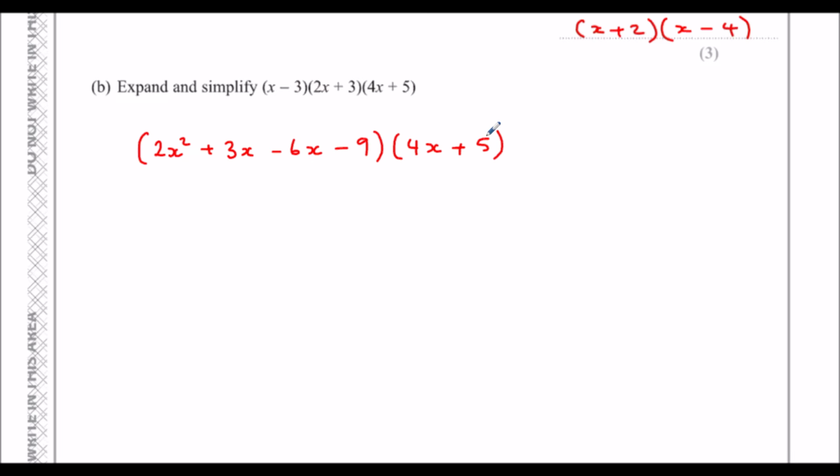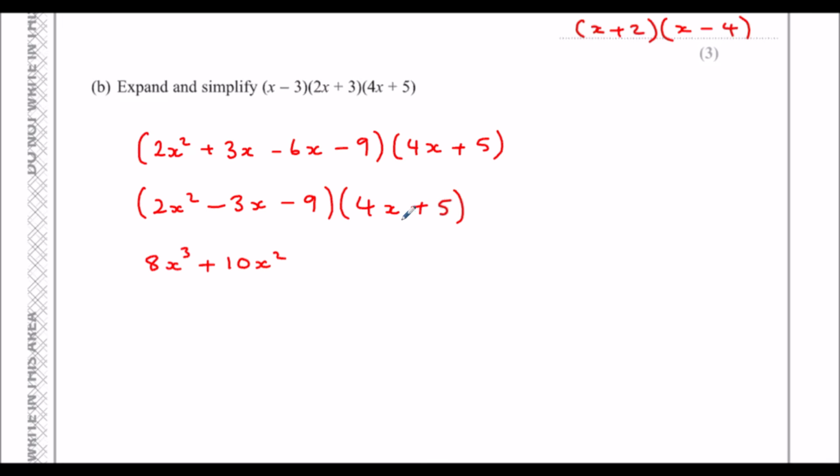Now collect like terms on our first bracket. We've got 2x squared, 3x take away 6x, which is negative 3x, minus 9. Now we're ready to expand again. We multiply each of the terms inside the first bracket by both of the terms in the second bracket. 2x squared times 4x is 8x cubed, and 2x squared times 5 is 10x squared.